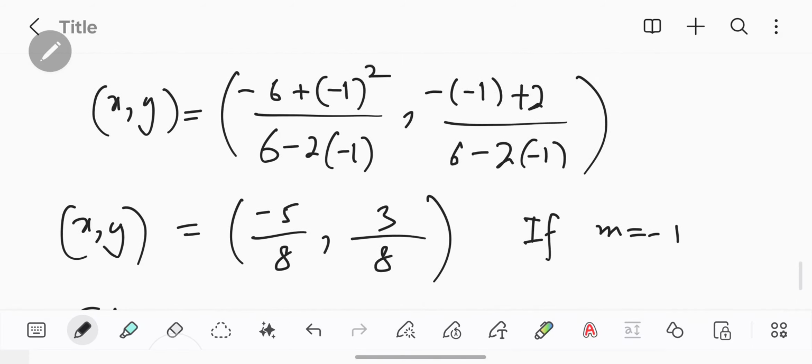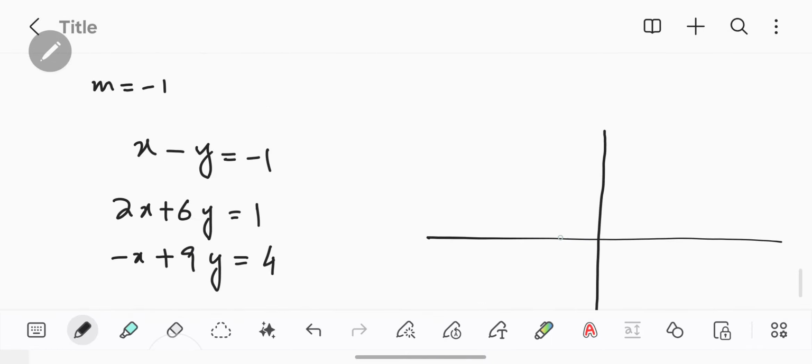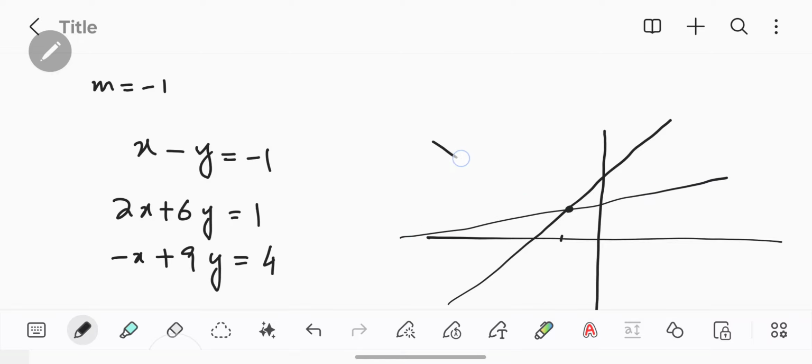I have found for m is equal to minus 1, the solution is minus 5 by 8 and 3 by 8. So minus 5 by 8 is somewhere here and 3 by 8 is somewhere here. Here is the point where all three lines are meeting. For example, one line may be here, one line may be here, and the other line may be here. The correct solution is found by GeoGebra. The third line must pass this point also. These lines can be made by using GeoGebra or the Desmos graphing calculator.